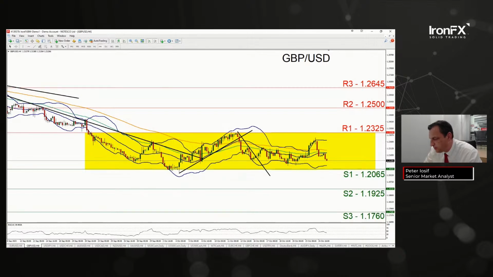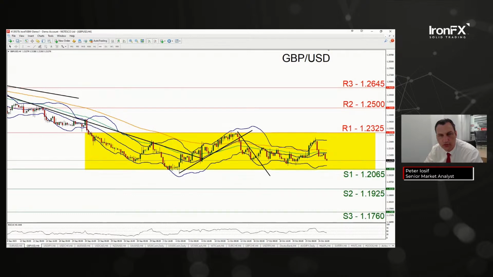However, at this point, I would be noting that cable's sideways motion seems to be maintained between the 1.2325 and the 1.2065. So we're talking about a 260 pips spectrum here. It's pretty wide. However, the pound is quite volatile and could easily breach it.